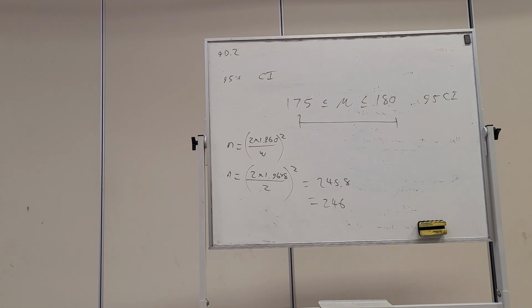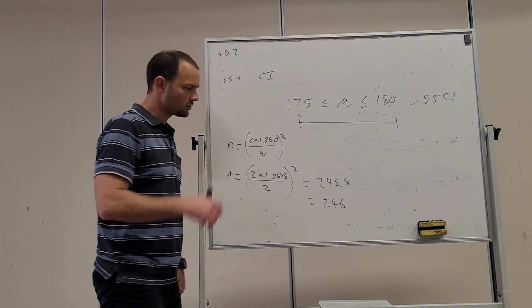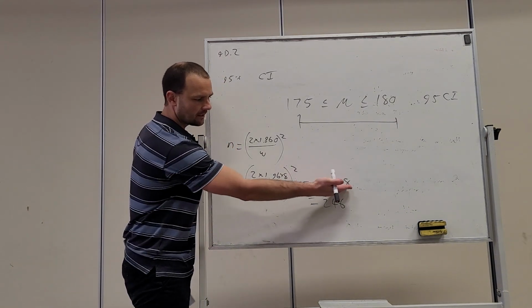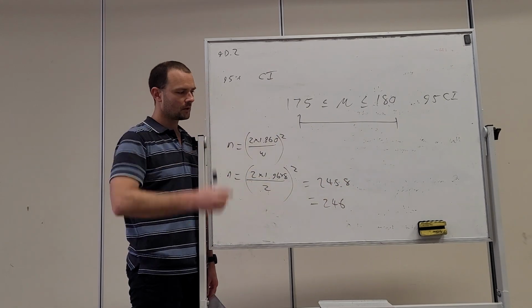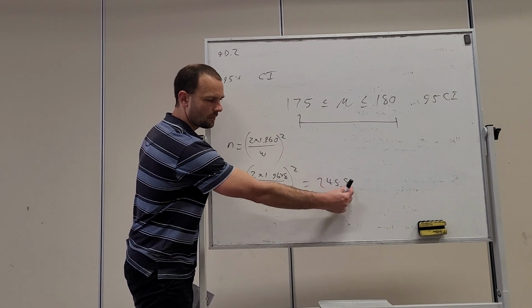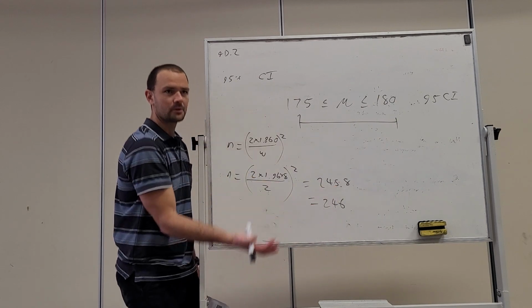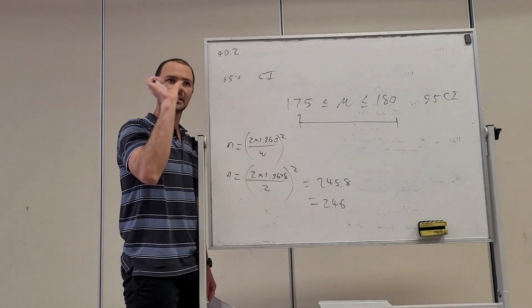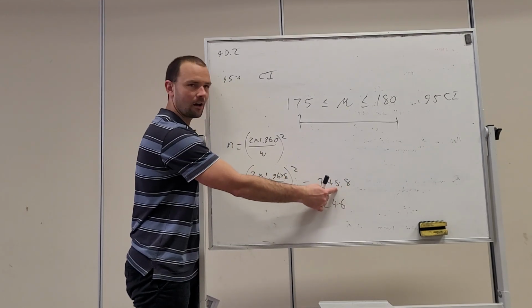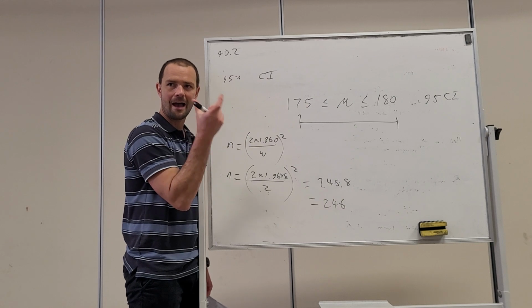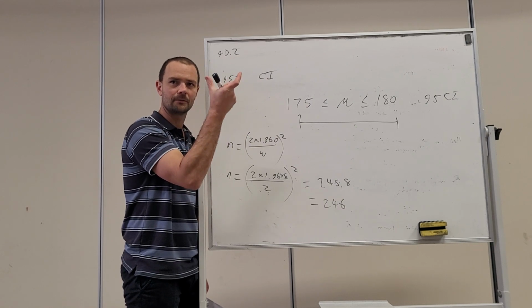Now this is a type of question where, although SACE will accept either, regardless of what this decimal is, you round up because we want to guarantee a certain level of confidence. If we're rounding that down, then we're not going to maintain that same level of confidence.